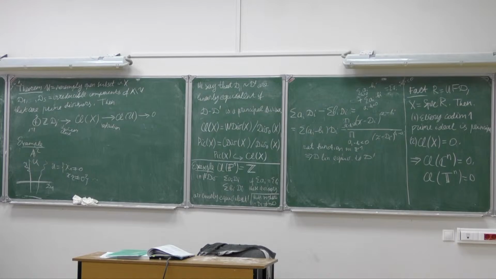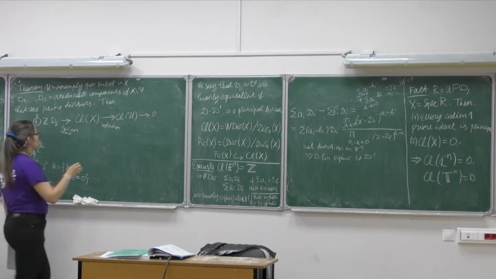But Leonie said we have classes in Cl of X. We have classes of divisors, and that means that D1 we can just transform it to something that intersects with U, just because it's a class. The theorem claims that it is zero. One moment.